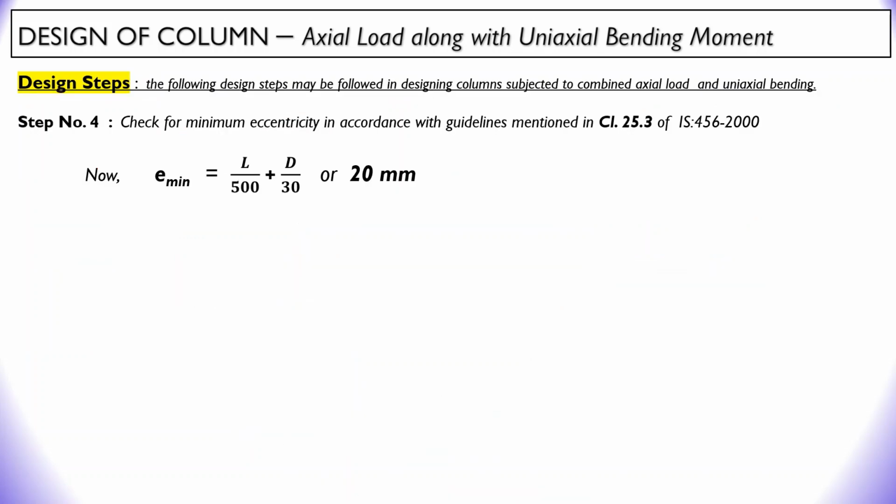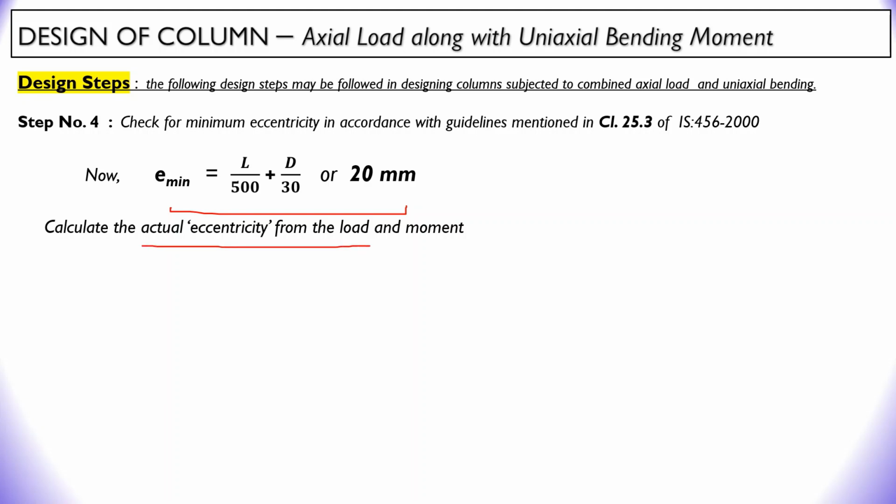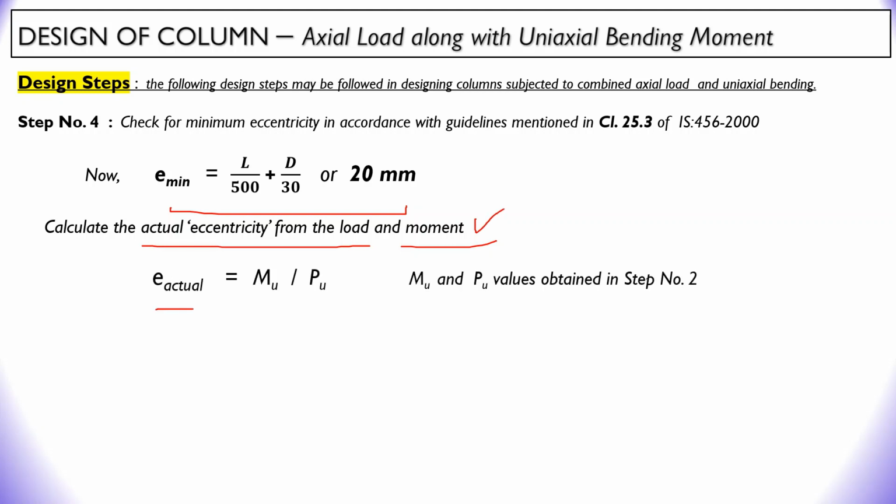Now, as we have discussed in step number 4, first of all we have to ascertain what is the minimum eccentricity, and then we have to calculate the actual eccentricity which may be occurring due to the load and the moment. The actual eccentricity we can easily calculate by dividing the ultimate moment coming on the section by the axial load coming on the section.